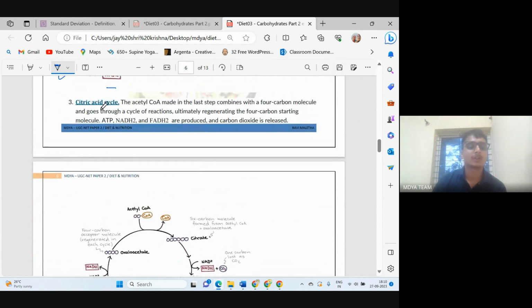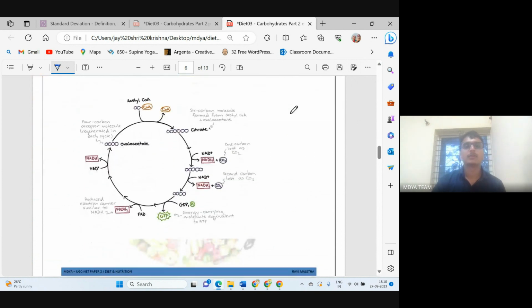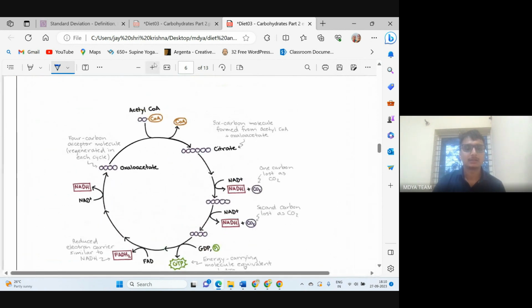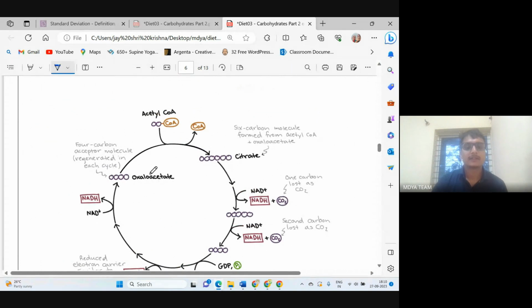Next, there is the citric acid cycle. Why are we calling this a cycle? Because this process is cyclic. I will explain this. What is happening here? First, there is a compound named oxaloacetate.